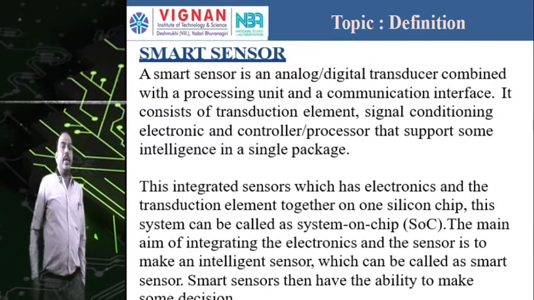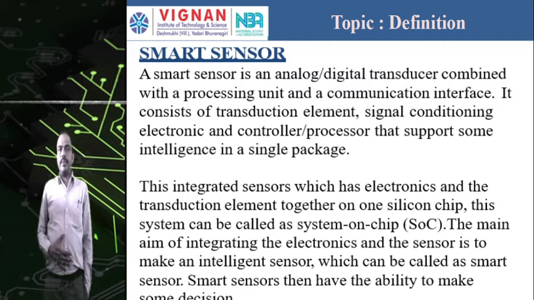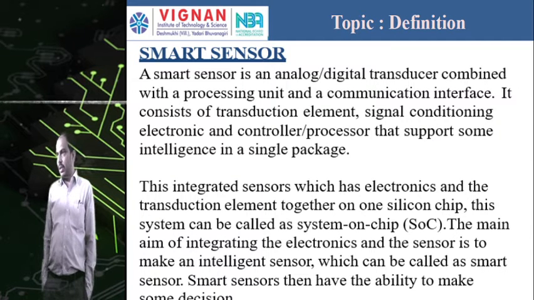They have the ability to make some decisions, not only sensing. Depending upon the comparison between the present input and our desired input, these smart sensors can make some decisions. So that's why they are called smart sensors.